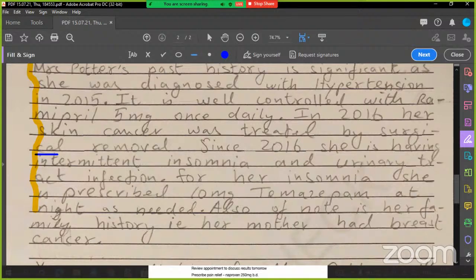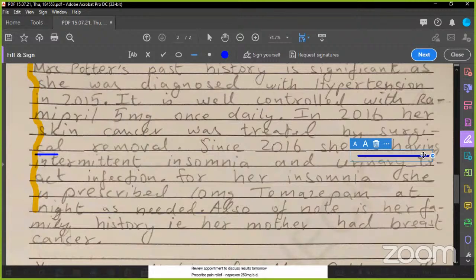When you say since 2016, she has had. Present perfect you can use, or present perfect continuous you can use with since and for the last. So if it is a very long duration, you can use present perfect or present perfect continuous. That means now also she is facing the problem.